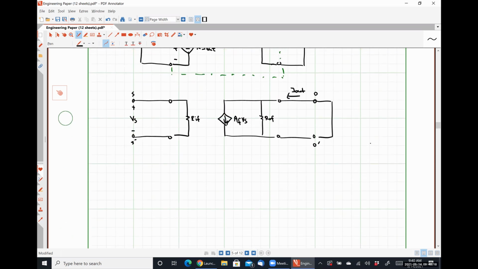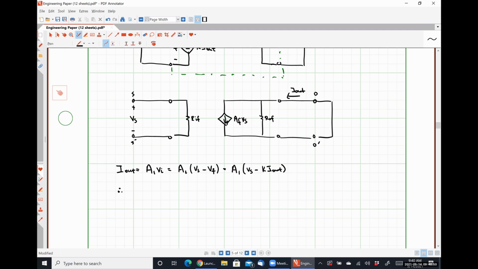So we have I out equal to A1 times Vi, which is A1 times (Vs minus VF), which is in turn A1 times (Vs minus K I out).